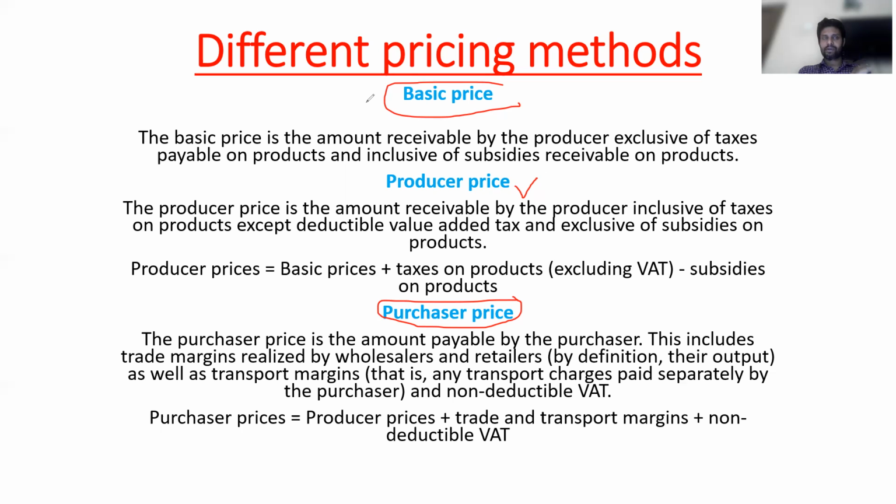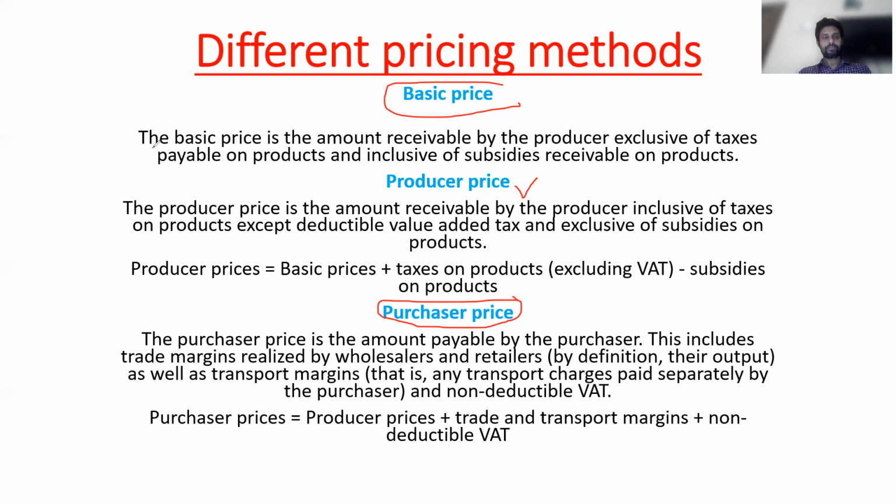The farmer received a particular amount, then the wholesaler received such output, then price is added, transportation cost is there, prices change, profit margin is there, then the retailer went to retail, then the retailer also added a profit margin, finally it came to the consumer's hand, and prices were changed. So ultimately the consumer has to purchase. It is called the purchaser's price, in other words market price. Actually GDP is calculated at purchaser's price or market price.